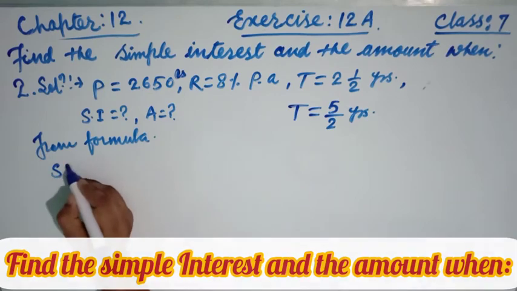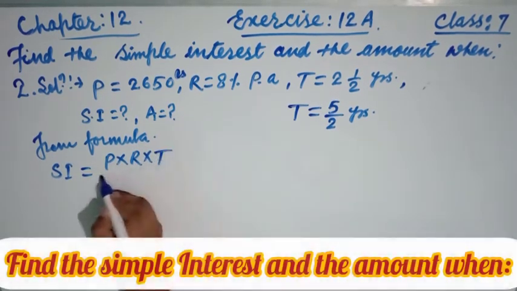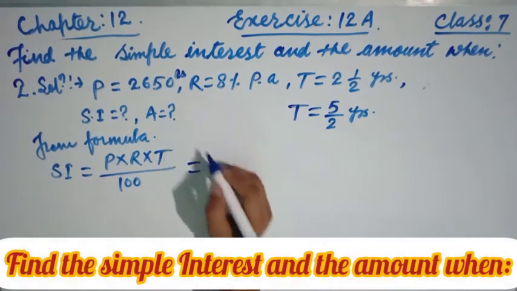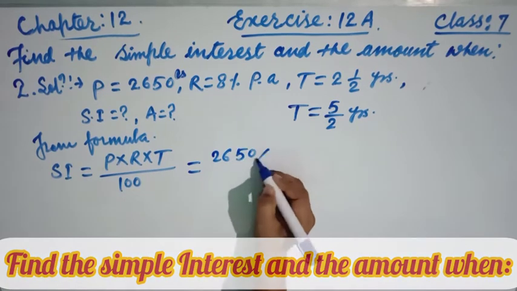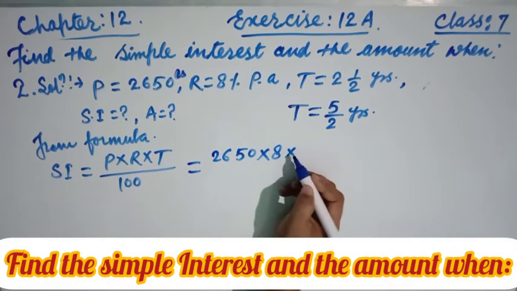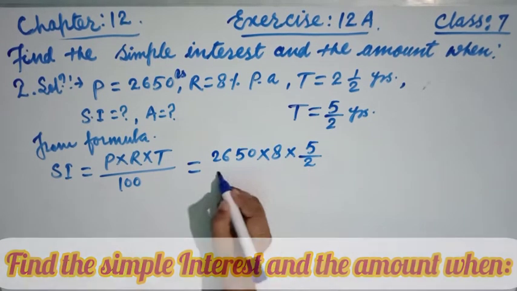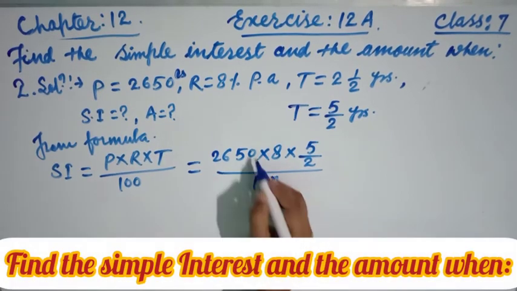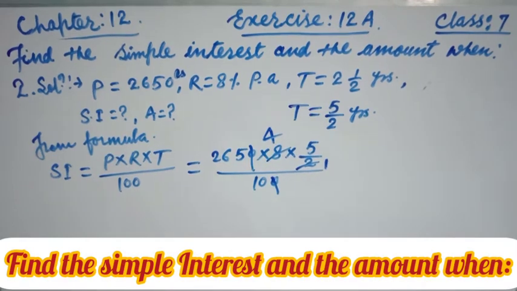First SI is equal to P into R into T divided by 100. Write the value of P, 2,650, multiplied by R, 8%, T is here 5 by 2, and now divided by 100. So here one zero will get cancelled. 2 ones are 2, and 2 fours are 8.